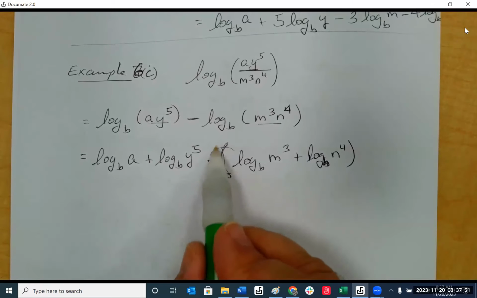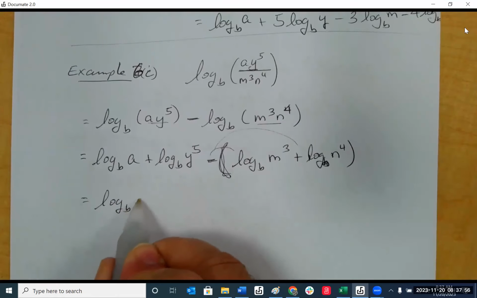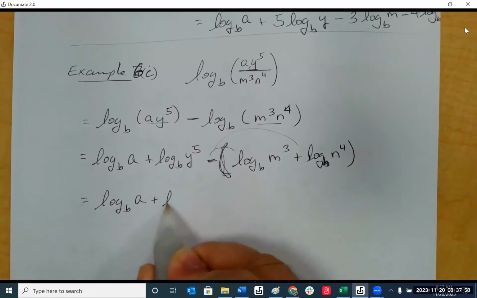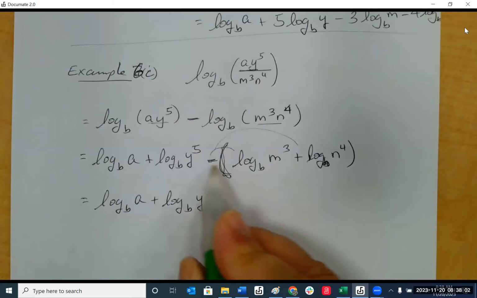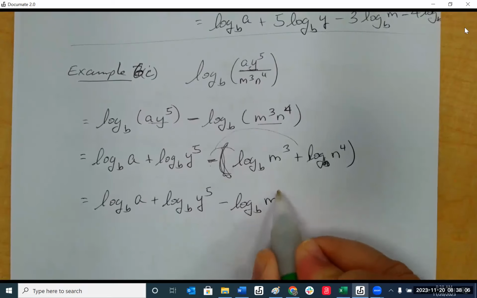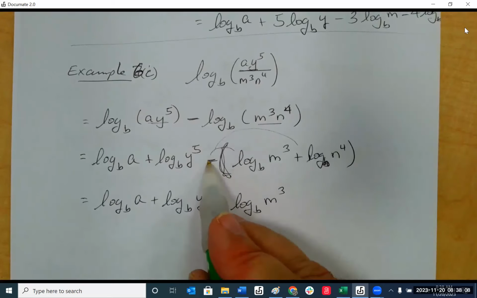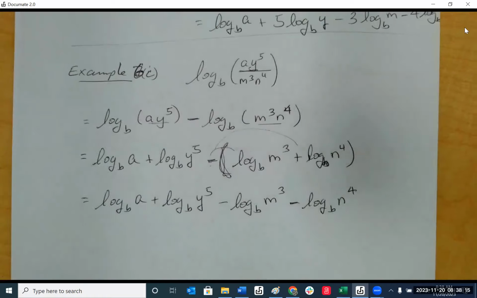Now distribute that negative sign to both of those inside there. So it's negative log base b of m cubed. Negative times positive is a negative. Log base b of n to the fourth.